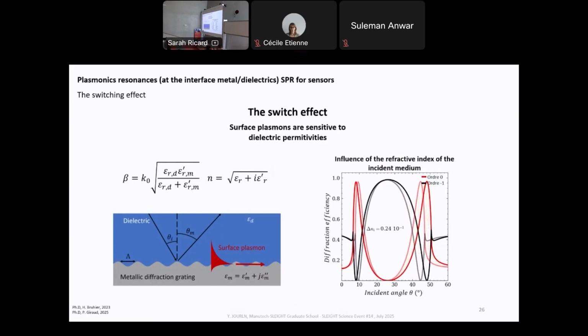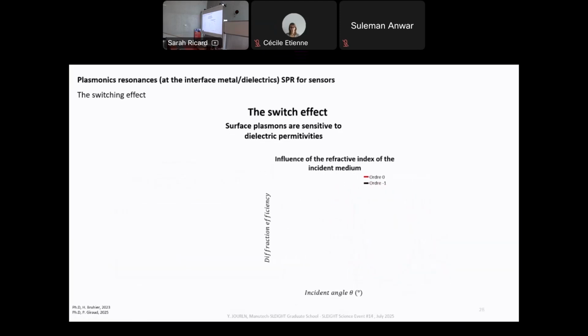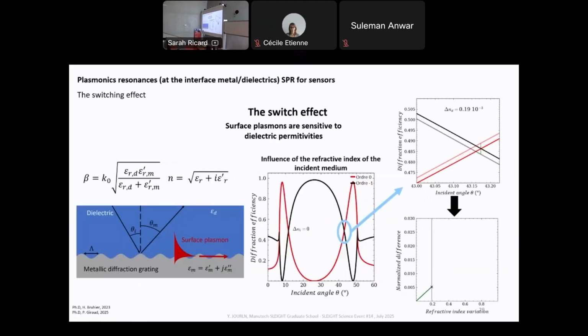Here you have, if you remember, the shape of this switch effect, and when we change the refractive index, since the surface plasmons here are excited and interact with the propagative order, when we change the refractive index, it changes the slope. So good, you see, and with this phenomenon, we said, okay, let's use it for a sensor.